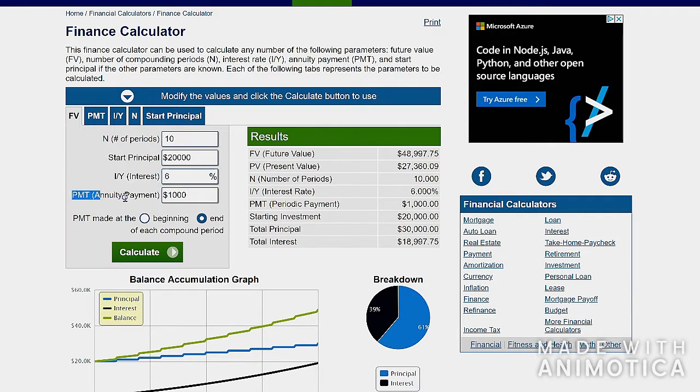So right here is payment. This is how much you contribute into the fund. And we're just going to say at the beginning of the period.